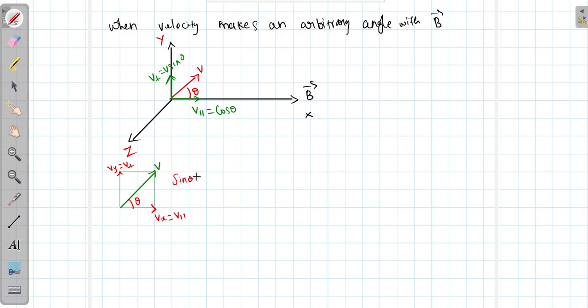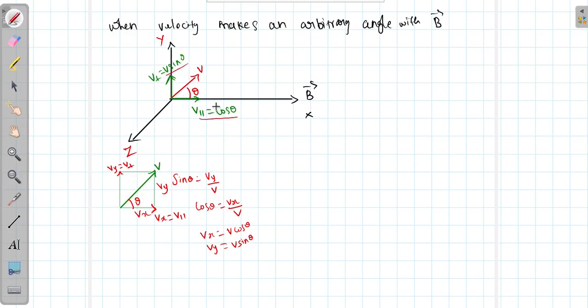If you take sin theta, opposite is Vy, so Vy by V. Cos theta is adjacent, Vx divided by V. Therefore, Vx equals V cos theta, Vy equals V sin theta. The parallel component is cos theta, the perpendicular component is sin theta.